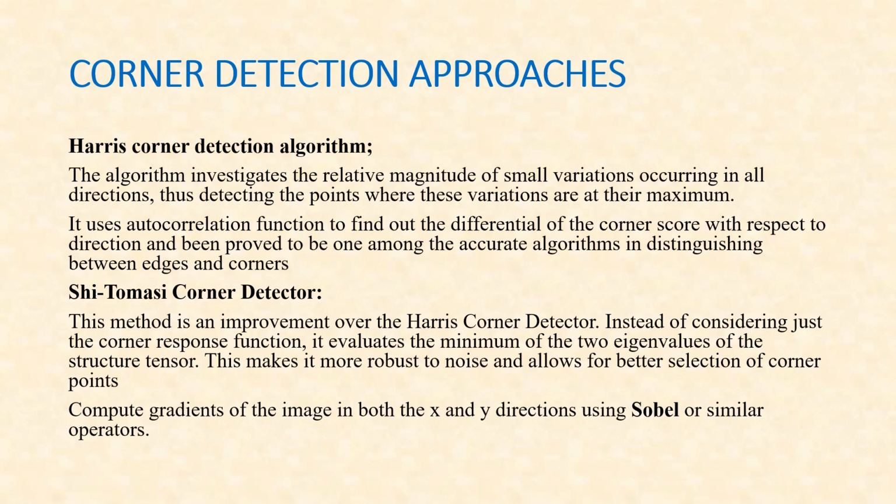Because of that pitfall, there was the invention of what we call the Shi-Tomasi corner detection algorithm. This one computes the minimum value of two eigenvalues, and it computes the gradient of the pixels or of the points using the Sobel operator.